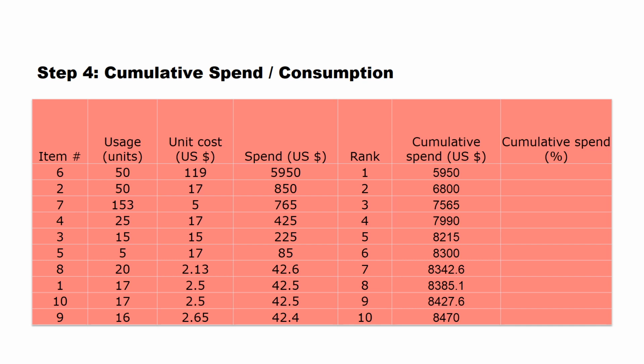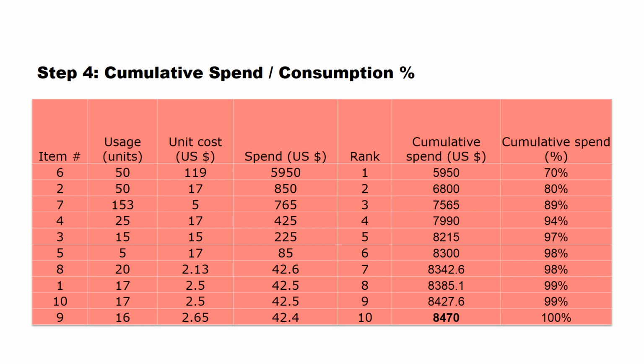For example, the cumulative spend of the first item is its spend. The cumulative spend of the first two items is the sum of the spend of the first item and the spend of the second item, and so on. After we calculate the cumulative spend for all the items, that is, the total spend, which is $8,470 in this case, we can use it as the denominator to calculate the cumulative spend in percentage for every item.